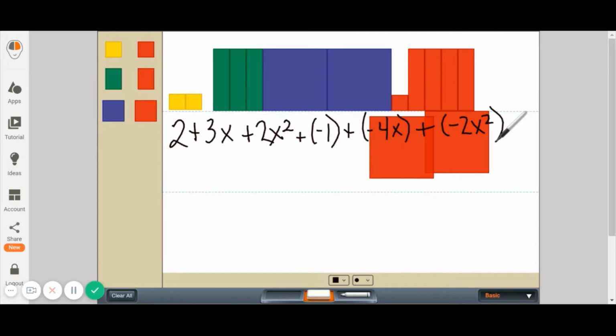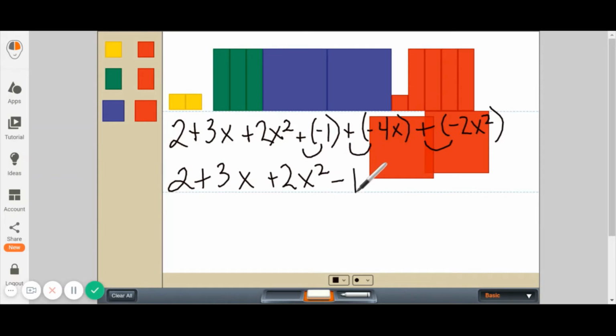Some students might automatically remember that adding a negative is the same as subtracting. So they might say 2 plus 3x plus 2x squared minus 1 minus 4x minus 2x squared.